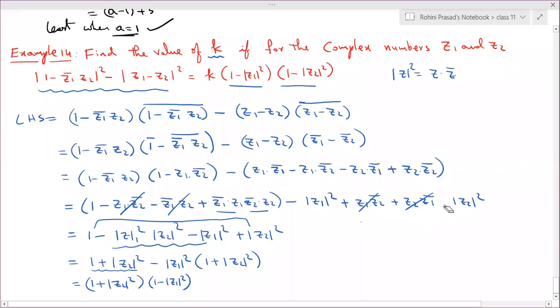I think I made a sign mistake here. This is minus. And this is also minus.